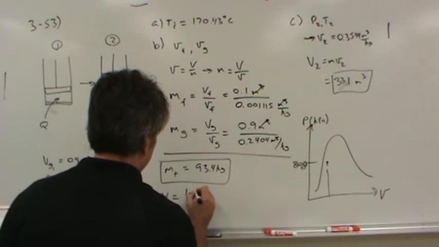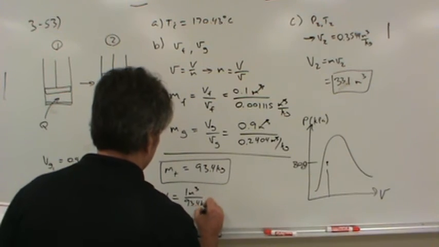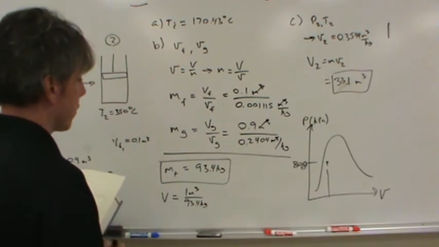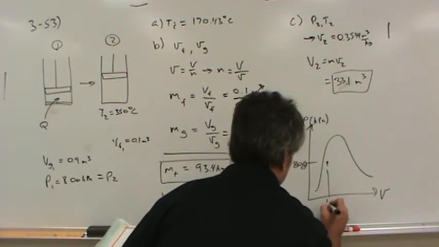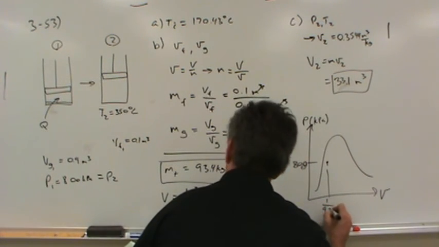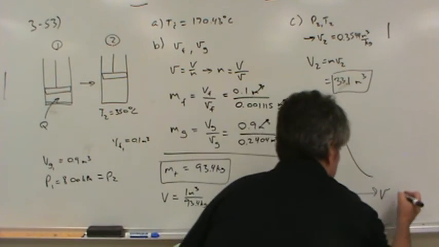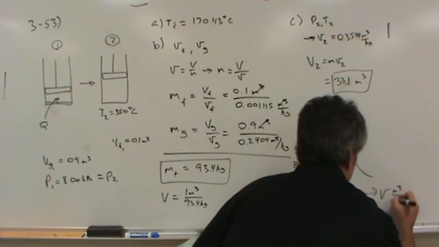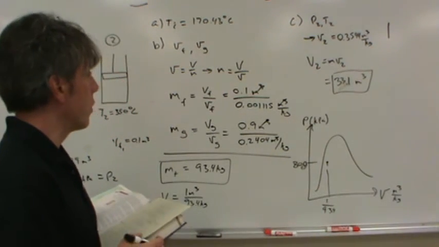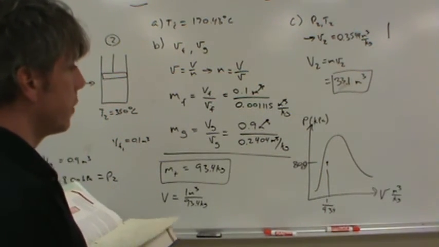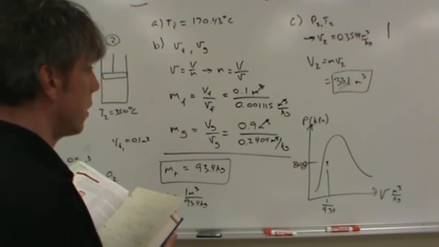So 1 cubic meter divided by 93.4 kilograms would give us the specific volume. Now, I don't have a calculator again, but that's what I should write down here. I'll just write it this way, 1 over 93.4, and the units are cubic meters per kilogram. That's about 1 over 100, so it's about 0.001. It'll be a little bit away from that.